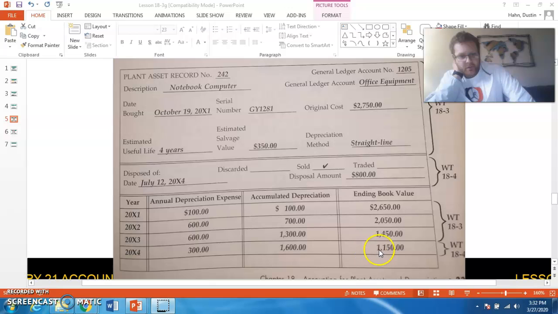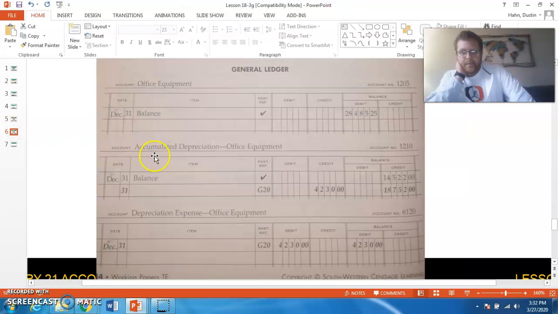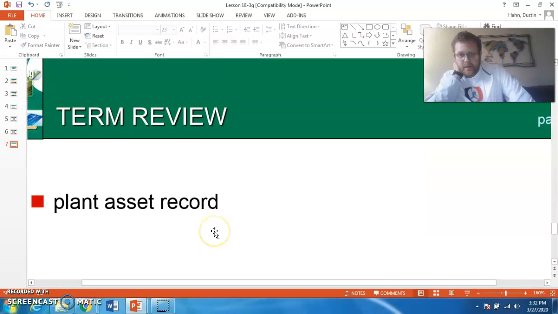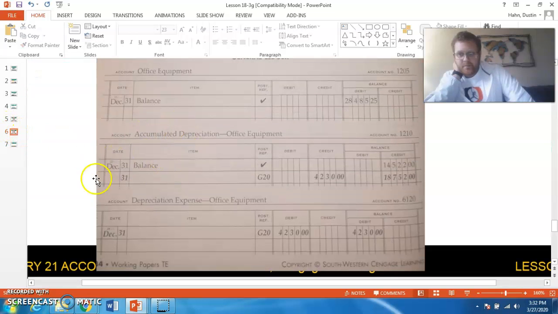We'll cover that last line in the next section, but right there is the start of section 3. In the next video, I'll show you how to do the ledger and the ledger part for this.